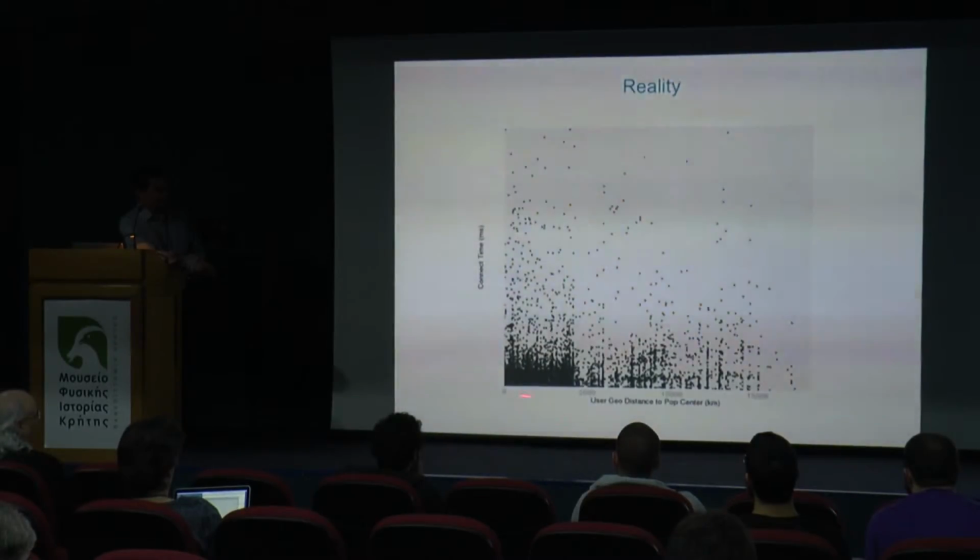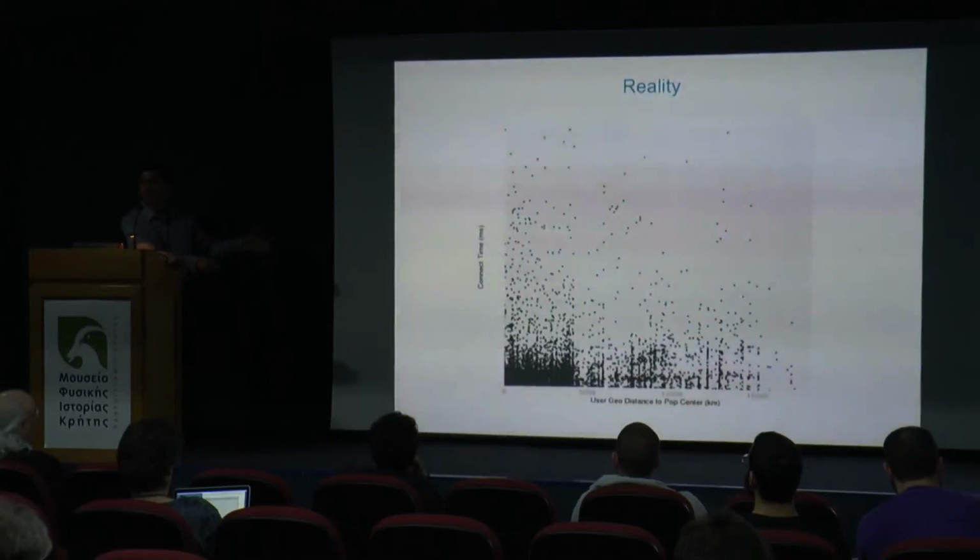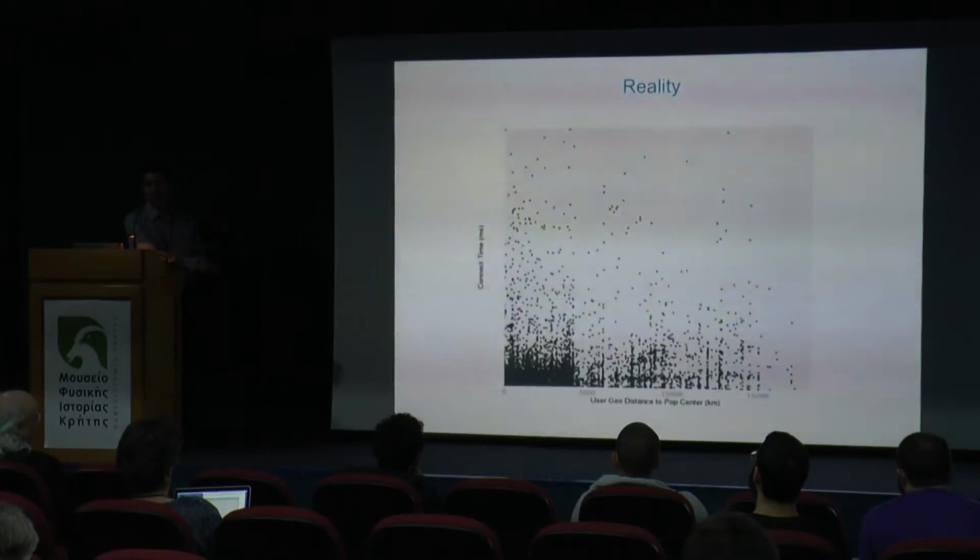You again have distance on the x-axis and connect time on the y-axis, and it's impossible to see any relation here. I don't know if you can see something. It probably goes down. It looks like as distance increases, connect time actually reduces, right? So that gave us some bad news, but luckily we had smart data scientists with us.